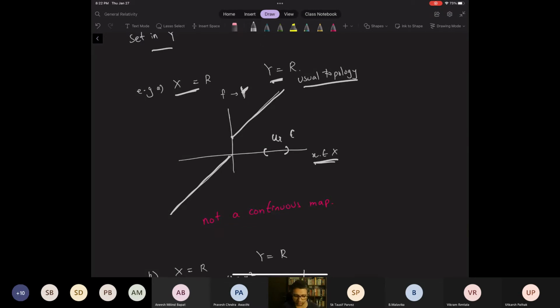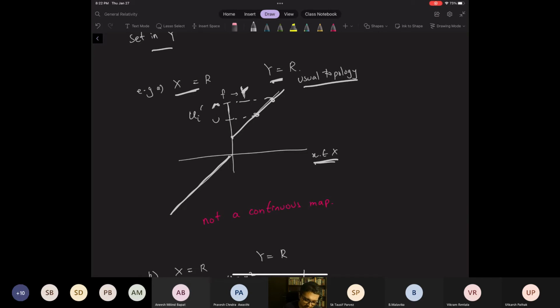This belongs to the usual topology T of X. And then I can also take an open interval on Y. Let me take the inverse image of this.